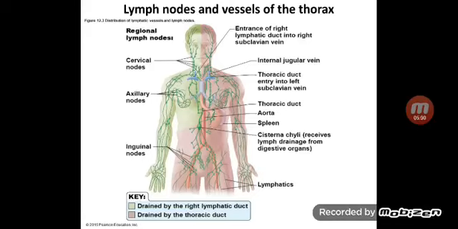The deep lymphatic vessels of the anterior parts of the intercostal spaces drain to the internal thoracic lymph nodes, which are distributed along the internal thoracic blood vessels.